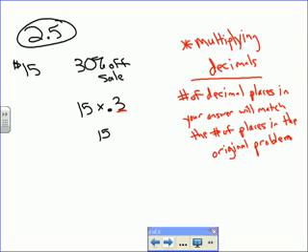Now, how that helps: if I'm going to take 15 times 0.3, 5 times 3 is 15, 3 times 1 is 3 plus 1 is 4. Okay, so we get 45. And how many decimal places did we need again? Just one, so it's 4.5.